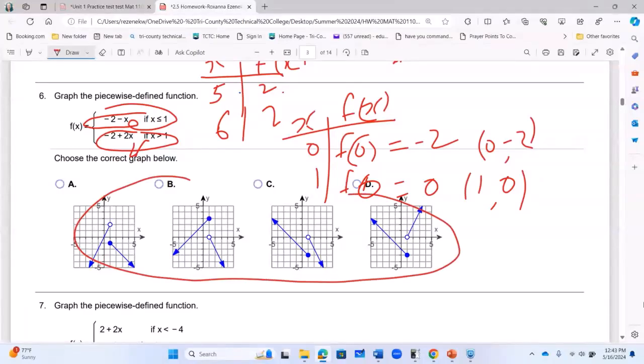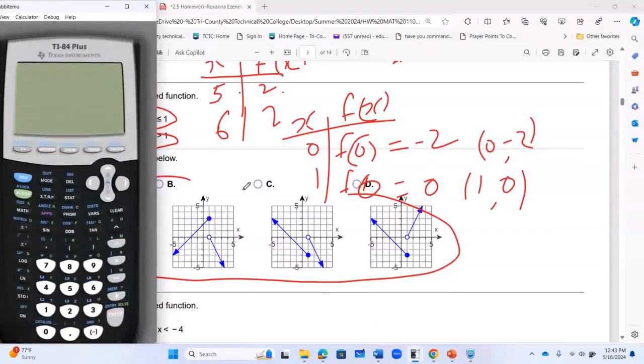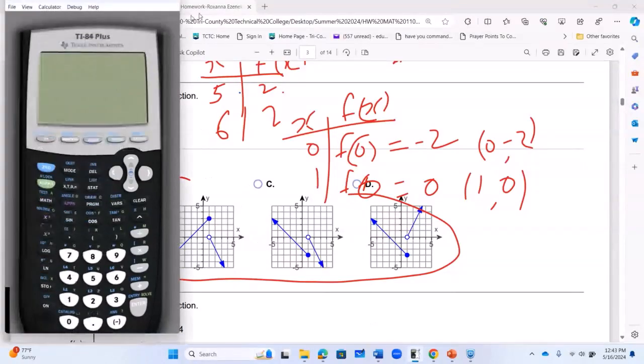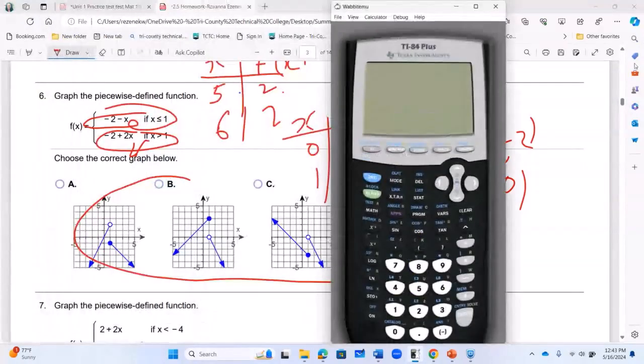So let's put it in our calculator actually. Now, how do I put it in my calculator? How do I use my calculator to graph this function? Okay, let me go to my calculator, turn my calculator on, clear.